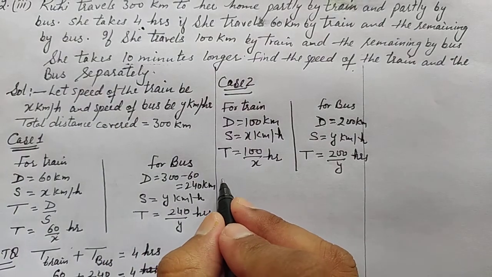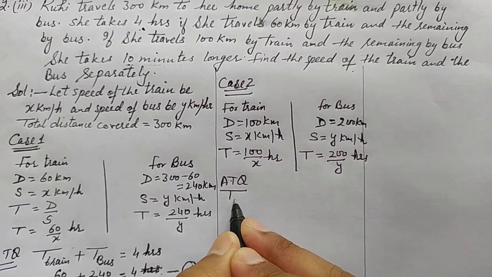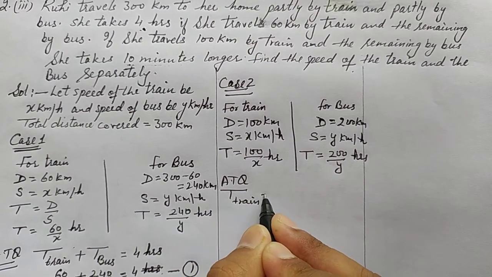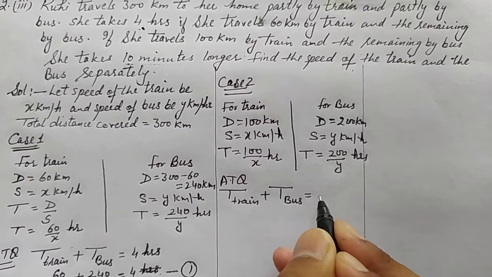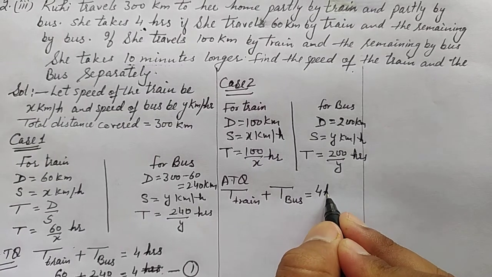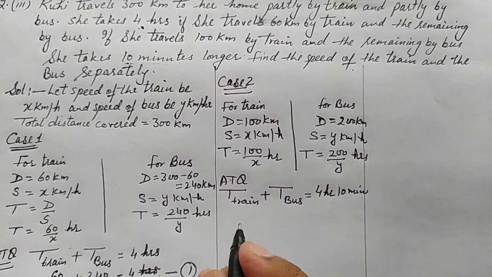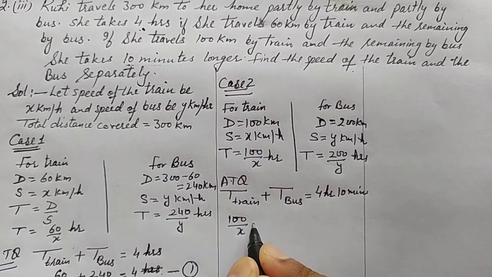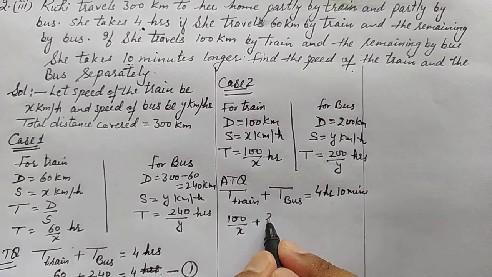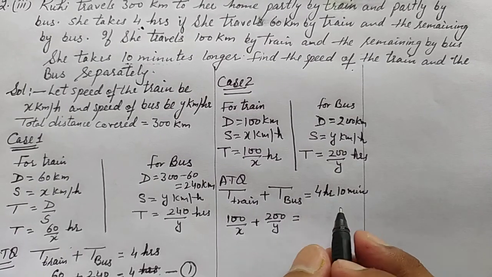So we'll write according to question, time taken by train plus time taken by bus is equal to 4 hours 10 minutes, right? So what is time taken by train? That is 100 over x, plus what is time taken by a bus? It is 200 over y, is equal to 4 hours 10 minutes.